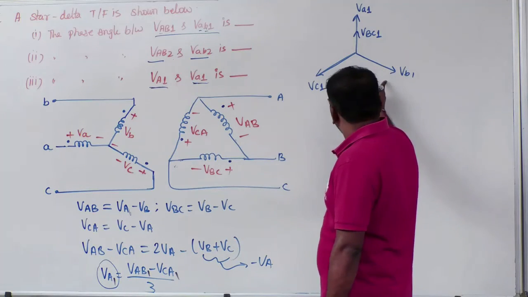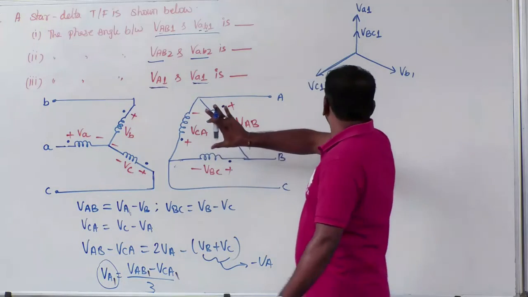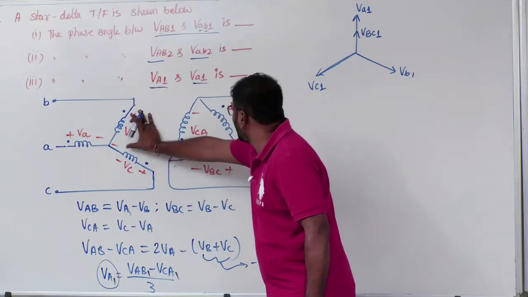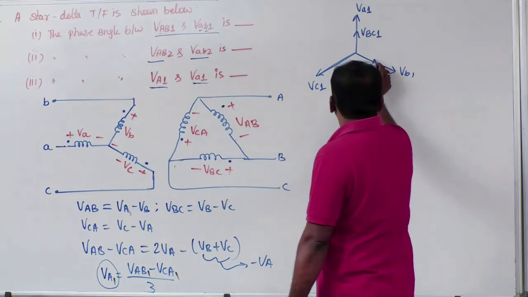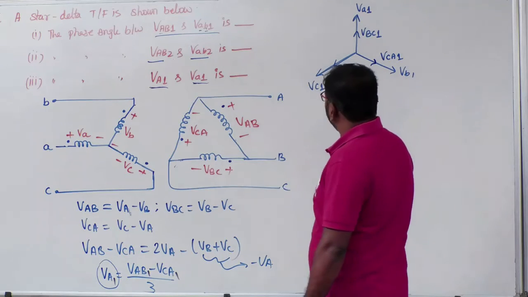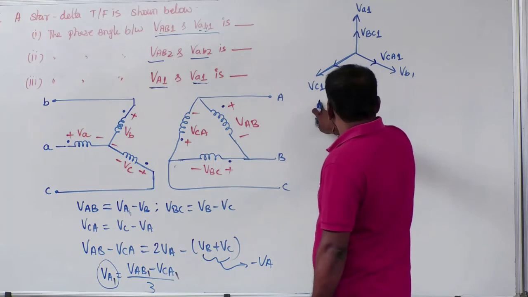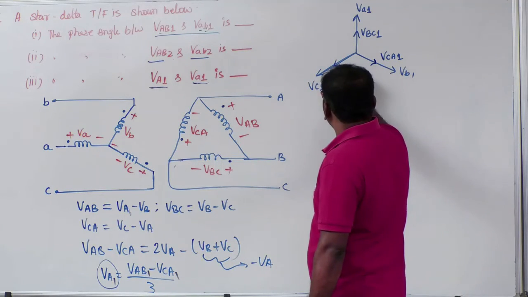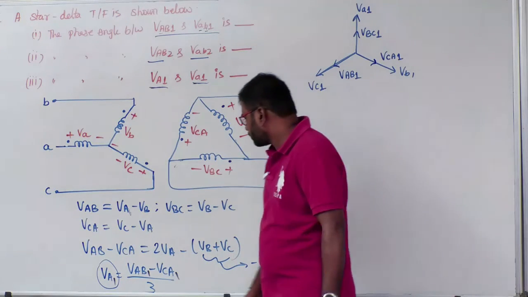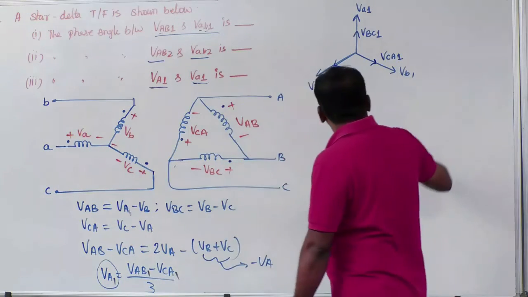Then VB1 and VCA1 are in phase. Next, VC1 and VAB1 are in phase. Now we want VAB1 minus VCA1.